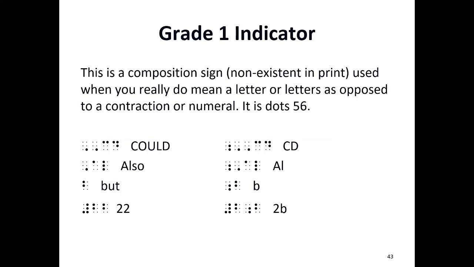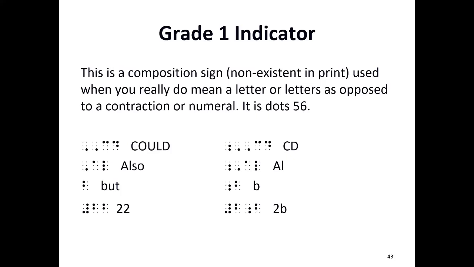Now I want to talk about something that's a little bit technical, but I feel that it's very important and you need to know about it so that you can make sense out of the Braille if you're reading a story to your child or reading their homework to make sure that they're doing their homework or whatever it is you need to know Braille for. I think you need to know about something called a grade 1 indicator.